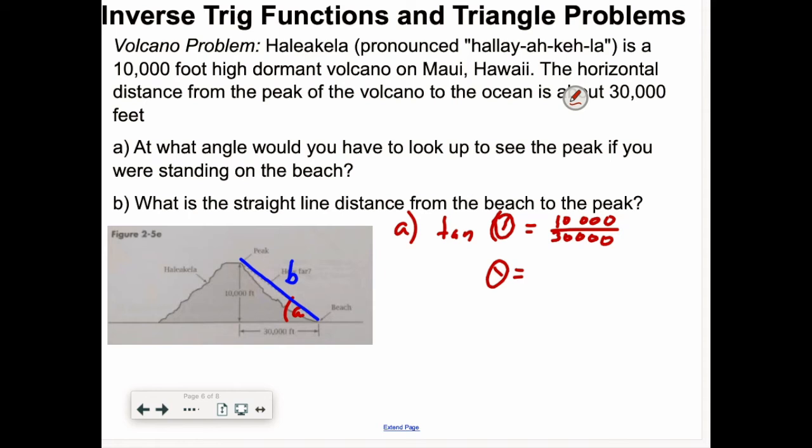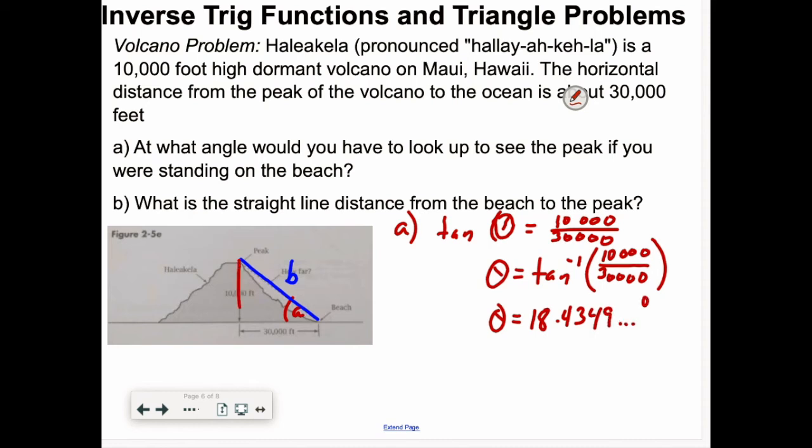I then apply my inverse trig function to both sides, and then plug it into a calculator and solve it out. So that's going to be 18.4349 degrees. And this makes sense because I got 10,000 here, I have 30,000 here, so that degree measure would make some sense.